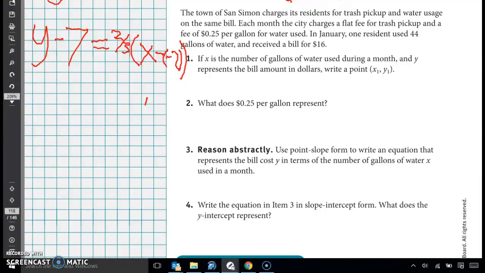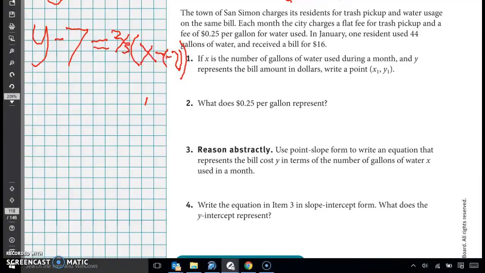The town of San Simon charges its restaurants for trash pickup and water usage on the same bill. Each month, the city charges a flat fee for trash pickup and a fee of 25 cents per gallon of water used. In January, one resident used 44 gallons of water and received a bill for $16.